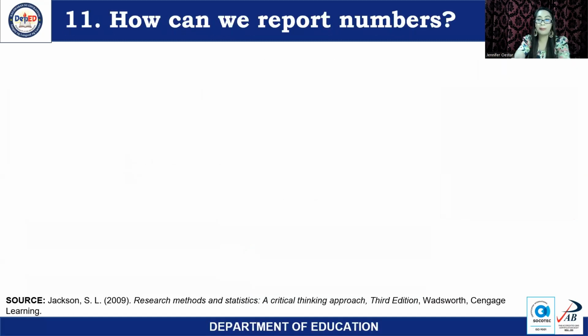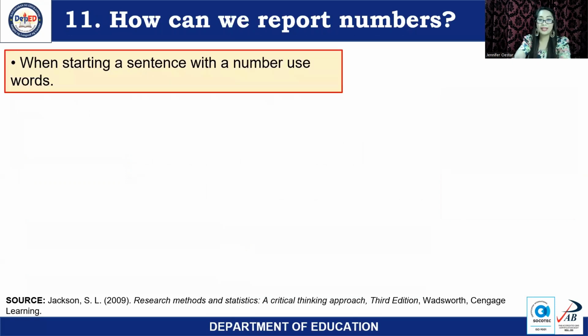How can we report numbers? Do you have any idea? When starting a sentence with a number, use words. Of course, do not begin your sentence with the numeric format. For example, six students participated in the study.